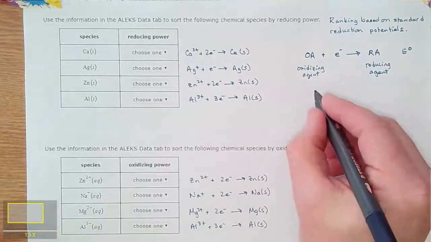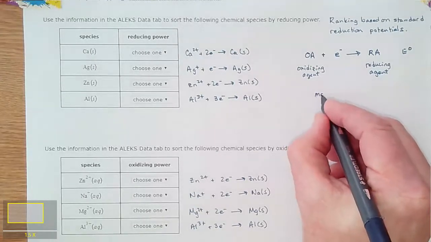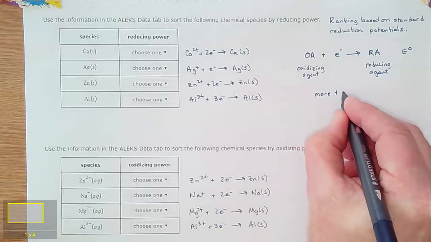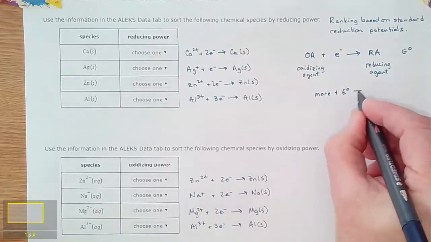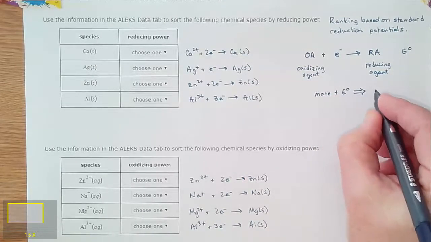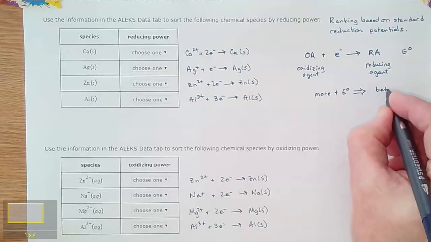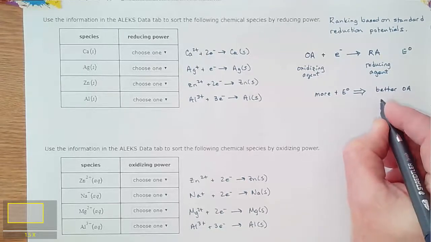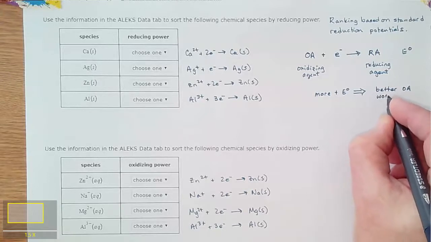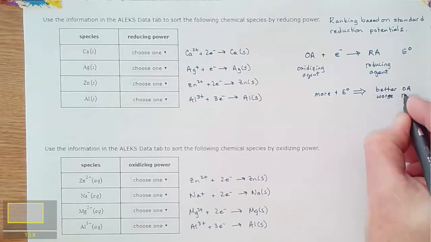So let me summarize a little bit here. If we have a more positive value of E0, comparatively speaking, that means a couple of things. One is that we have a better oxidizing agent and we have a worse reducing agent.